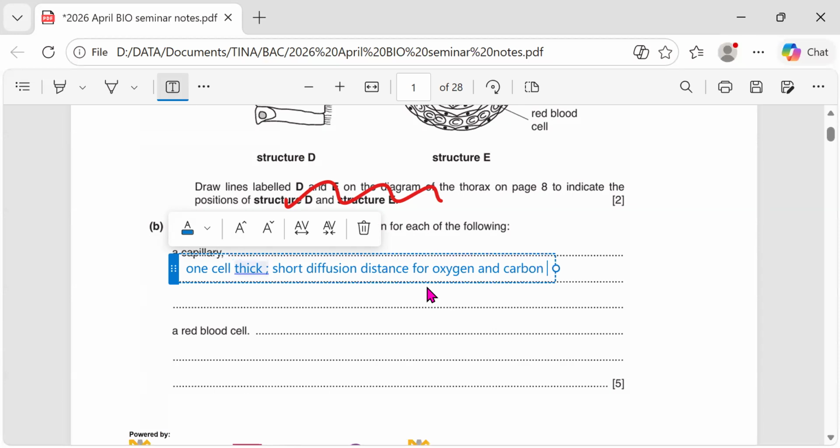What else? It also has a large network of capillaries, so it has a large surface area.